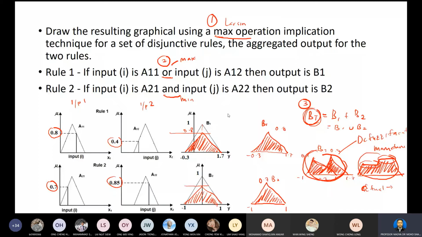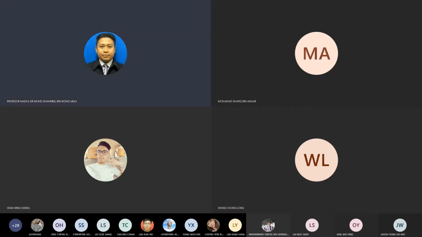After we get the B total here, we have to use the defuzzification technique to get the last output.